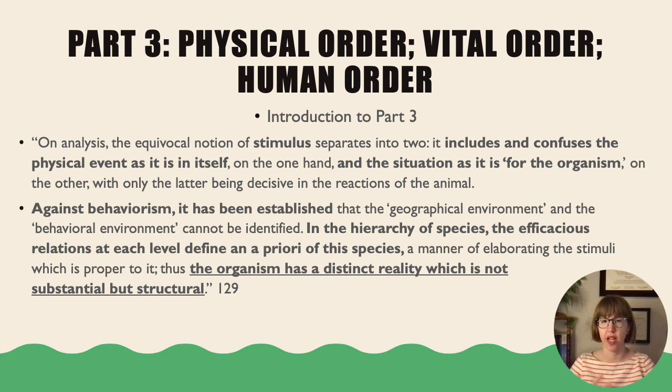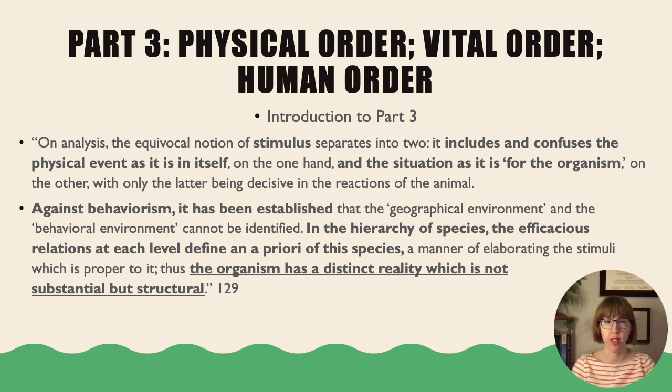So continuing to talk about what he had discussed in part 2, here he's still recapping. He says, on analysis, the equivocal notion of stimulus separates into two. It includes and confuses the physical event as it is in itself, on the one hand, and the situation as it is for the organism, on the other, with only the latter being decisive in the reactions of the animal.